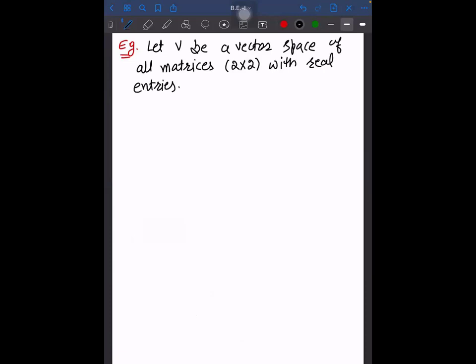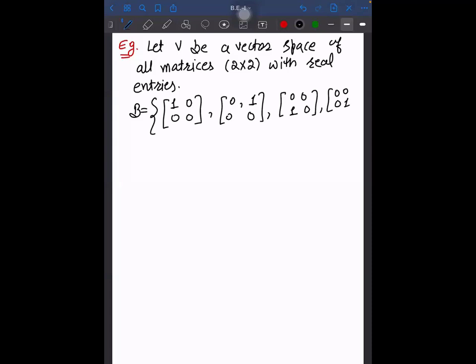Then you need to prove that this B, which consists of the matrices [1 0; 0 0], [0 1; 0 0], [0 0; 1 0], and [0 0; 0 1], is a basis of V. Can you prove this?